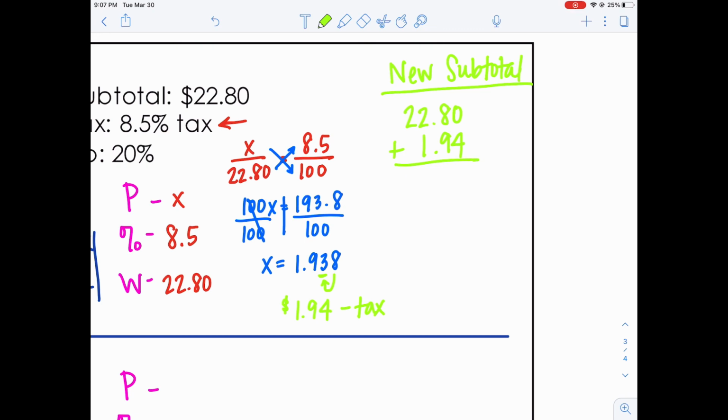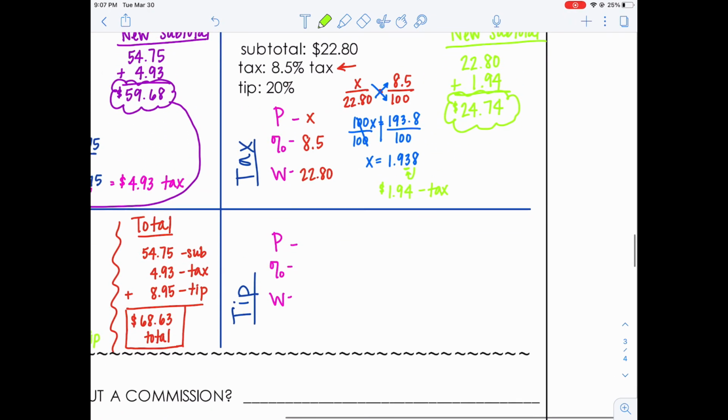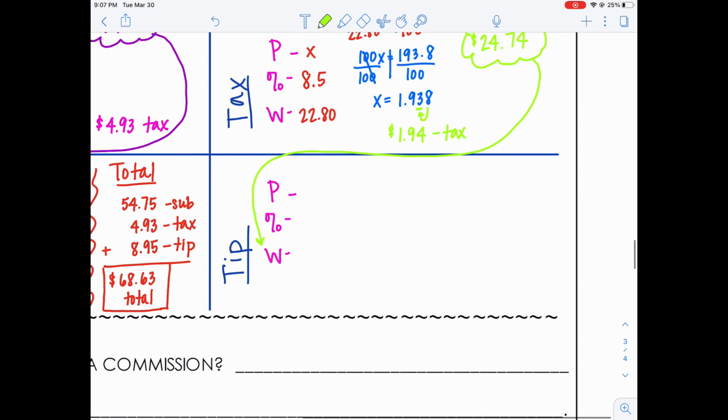When I add $22.80 plus $1.94, I get $24.74. This is my new subtotal, and I'm going to immediately go and substitute it in for the whole on the bottom. Remember, new subtotal becomes the whole when we're calculating the tip. So $24.74 is the whole.